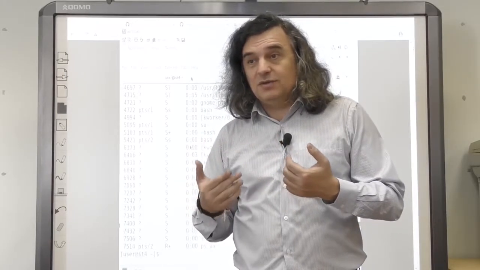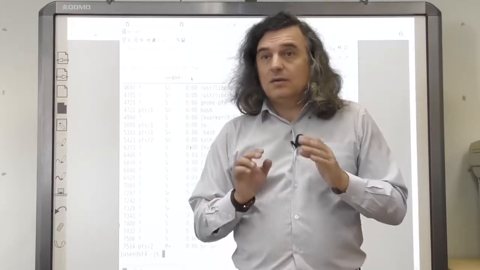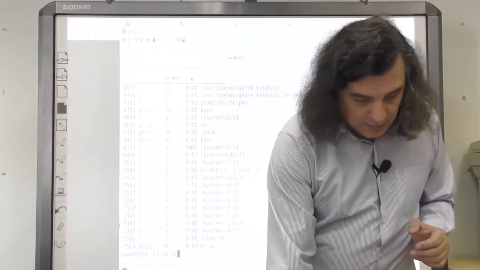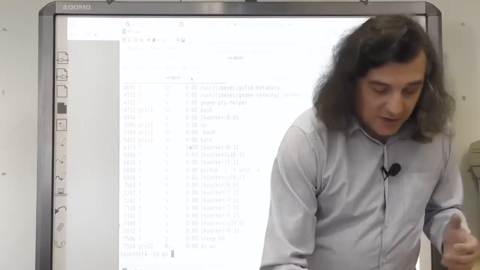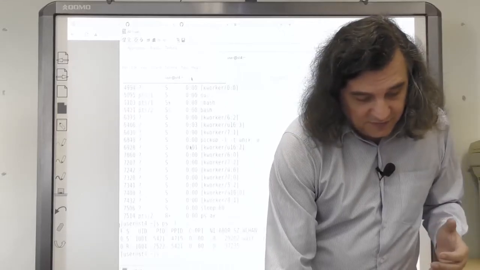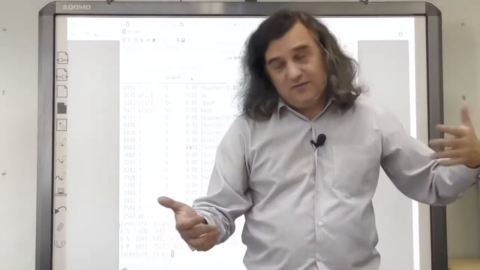And we can get more information about the processes using the long options: ps -l for System 5 and maybe just l for BSD.